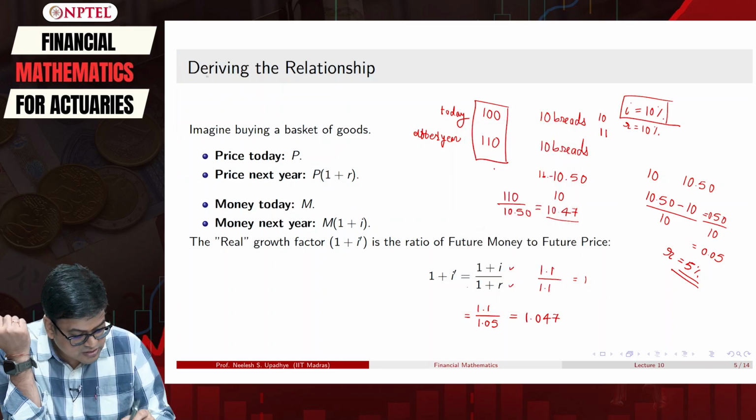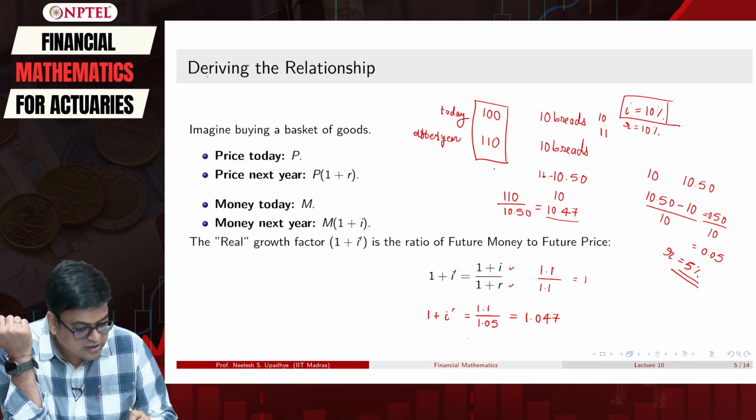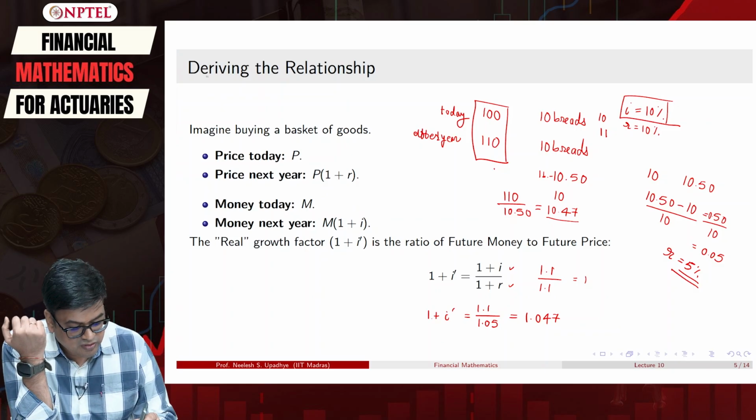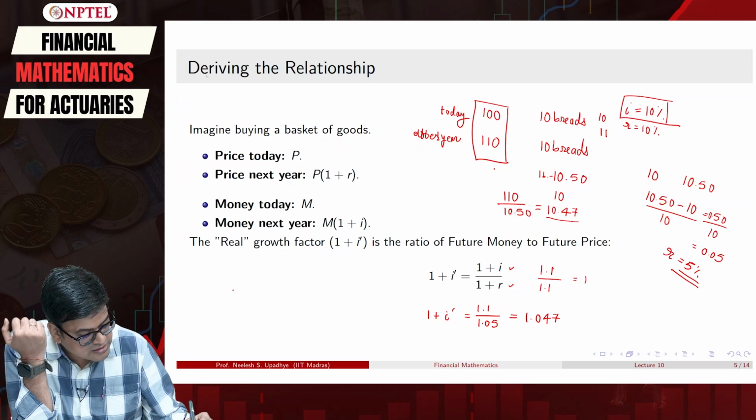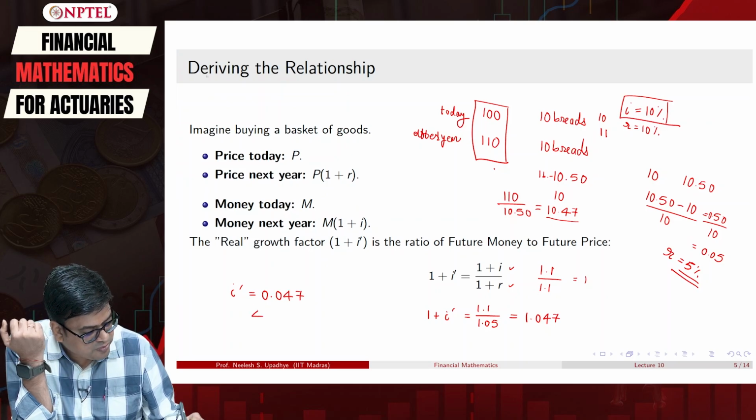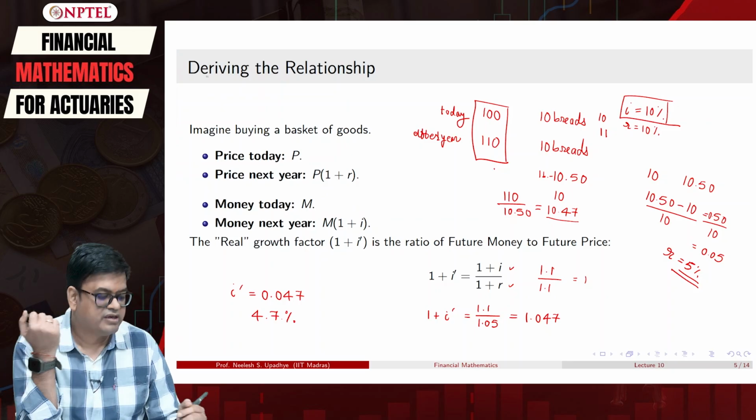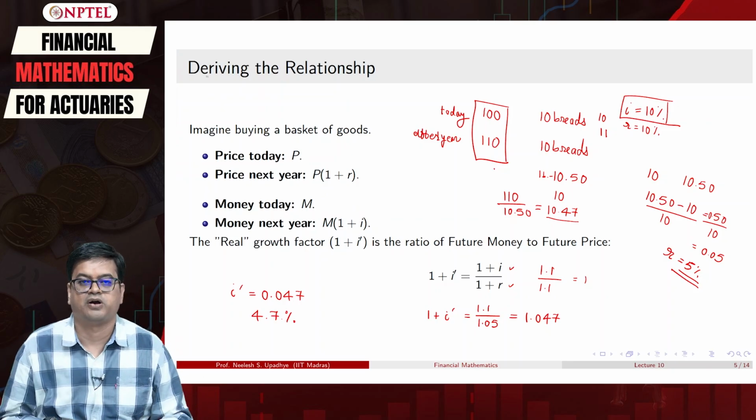According to this equation, this is 1 plus I prime. So the real gain will be that minus 1. That means my I prime will be equal to 0.047. So roughly 4.7% is the actual gain that I have in my purchasing power.